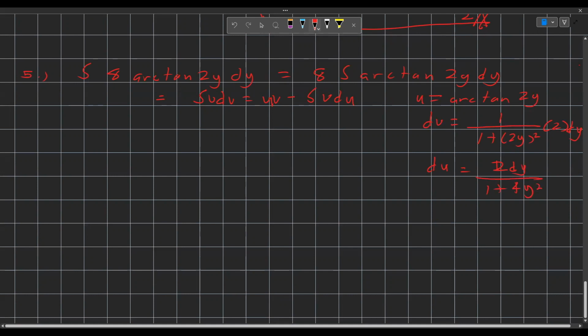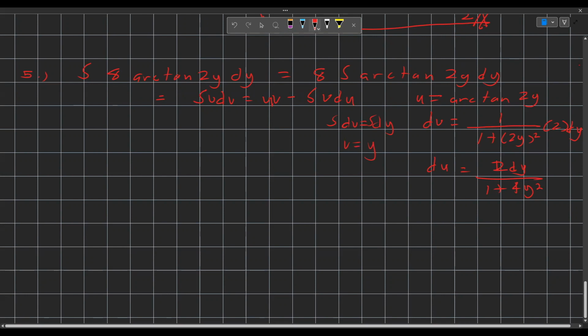And our dv is equal to dy. And when we integrate both sides, we'll get v is equal to y.